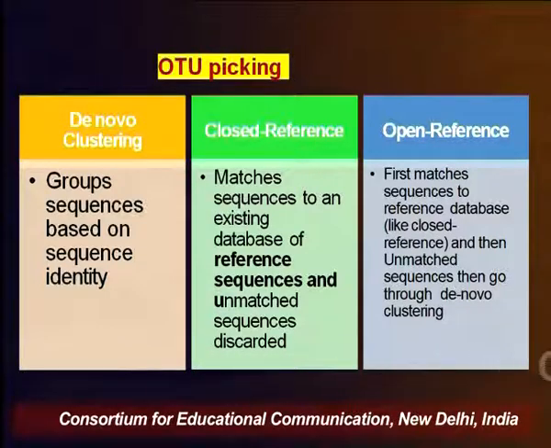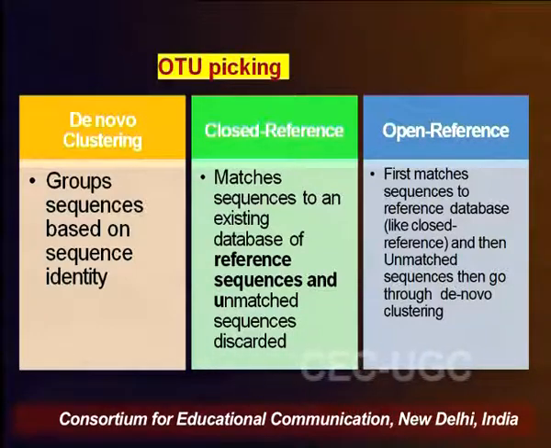But in closed reference, we match these sequences to an already existing database of reference sequences, and the unmatched sequences are discarded. So in de novo we analyze the sequences based on sequence identity, but here we match them with the already existing database and discard all unmatched sequences.